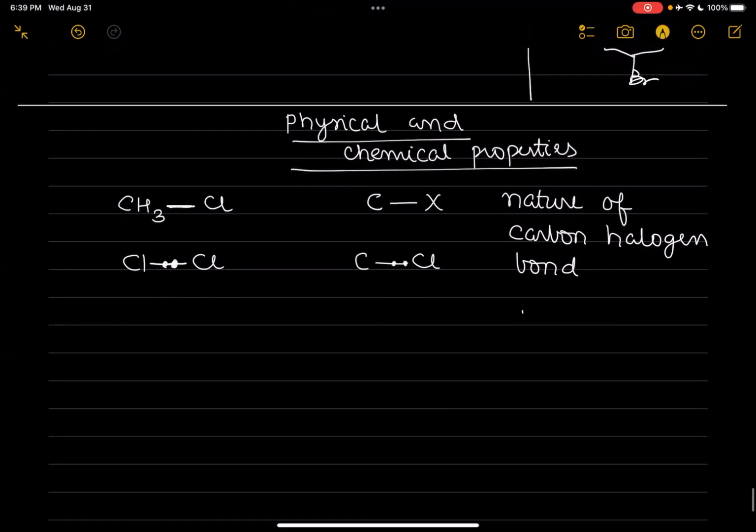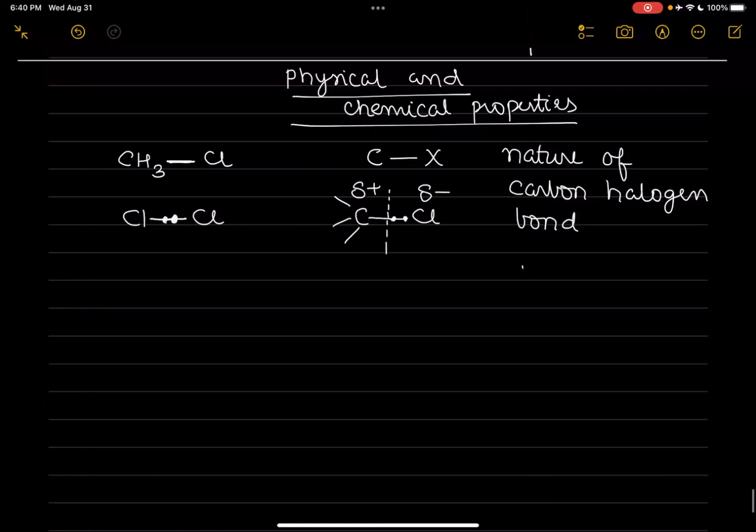The electron pair will not be exactly at the center, it will be towards chlorine. Because the electron density has shifted more towards chlorine, the chlorine will acquire a partial negative charge, not a complete negative charge, because I am still not breaking the bond completely and making it Cl minus. The bond is still there.